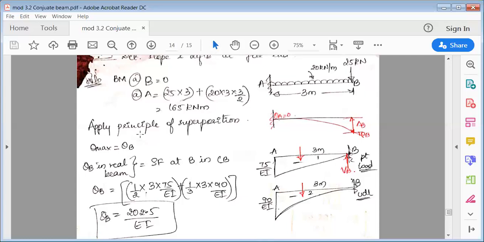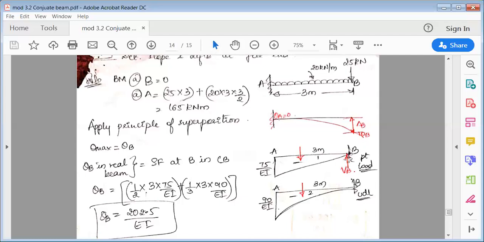Now we'll apply the principle of superposition, or we'll use the formula. First, theta B in the real beam is equal to the shear force at B in the conjugate beam. Here, fixed becomes free and free becomes fixed.